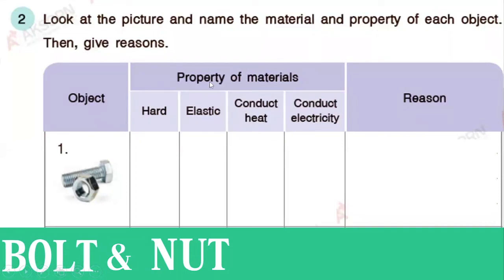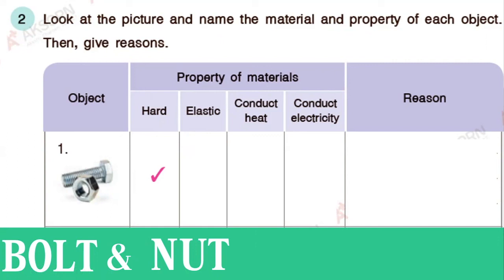And what material and properties of each object. Property of materials, yeah. Is it hard? Hard or not? Hard or soft? It's hard. So if it's hard, we tick it. Tell me please, bolt and nut, is it elastic or not? Does metal have the property of elasticity or not? I think it does not, yeah?